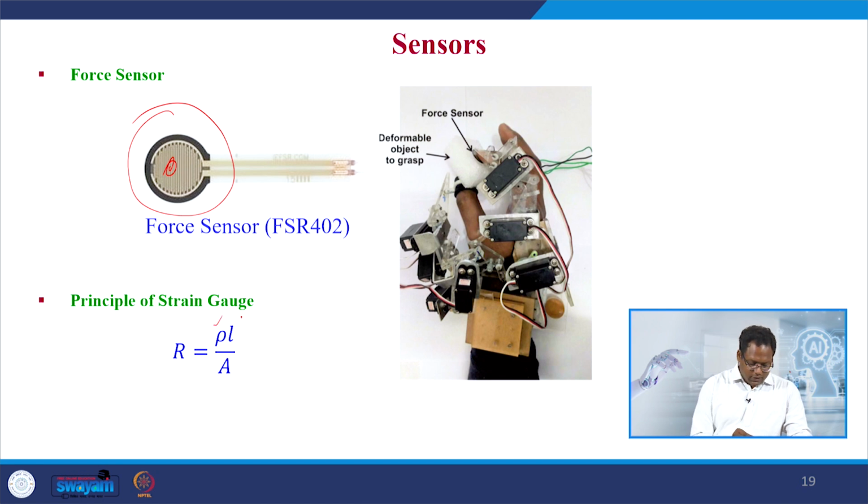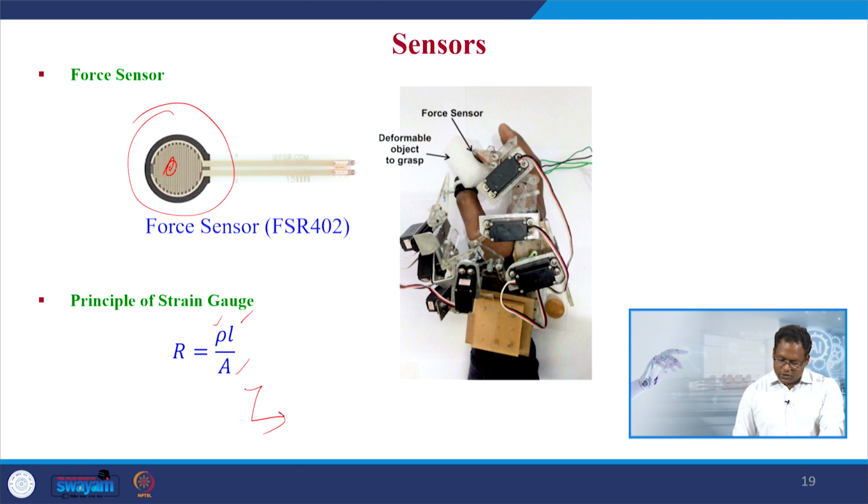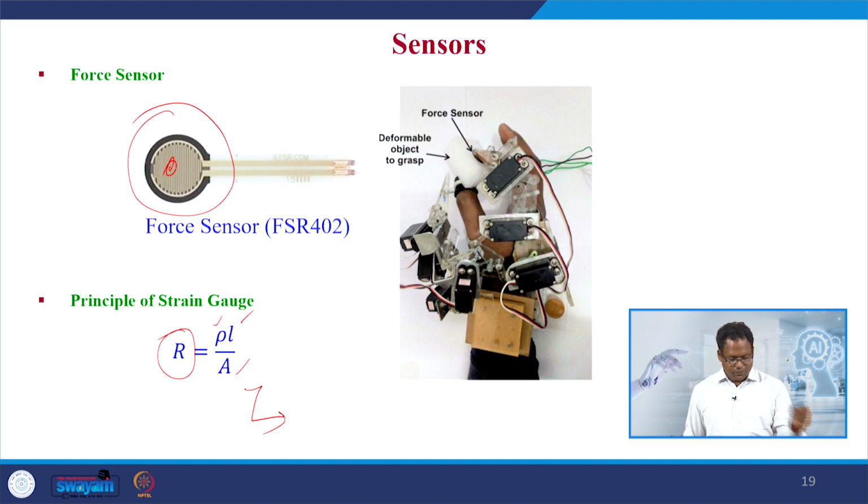So, by varying any of these parameters rho, L and A, the resistance of the strain gauge changes, and due to the change in resistance, the voltage of the Wheatstone bridge circuitry changes. In the null condition the Wheatstone bridge is balanced, and in the bridge we have only one variable resistance provided by the strain gauge.